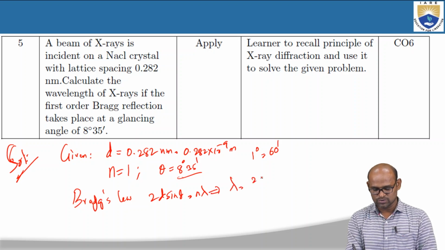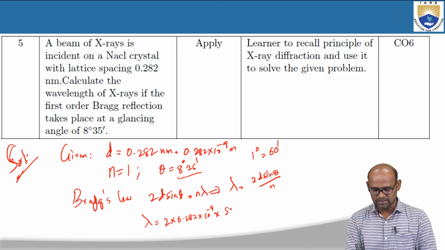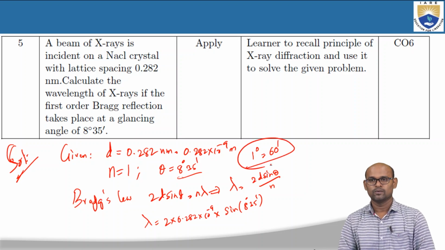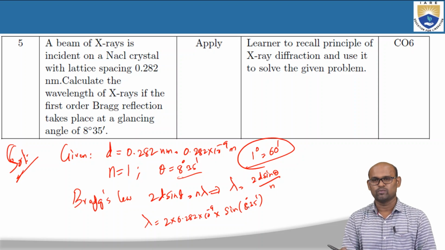So lambda is 2d sin theta by n. n is equal to 1. So lambda is equal to 2 into d, given as 0.282 into 10 power minus 9, into sin theta, given as 8 degrees 35 minutes converted into degrees, because 1 degree is 60 minutes. So 35 minutes, how many degrees will you get? You can write 8.58 or whatever.